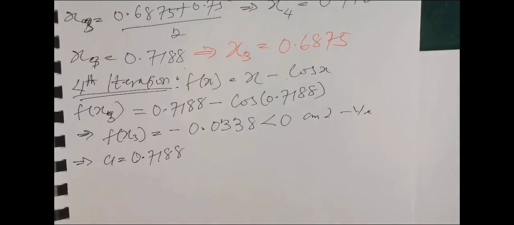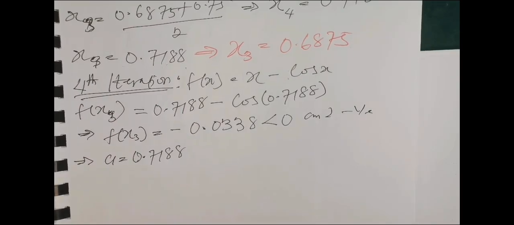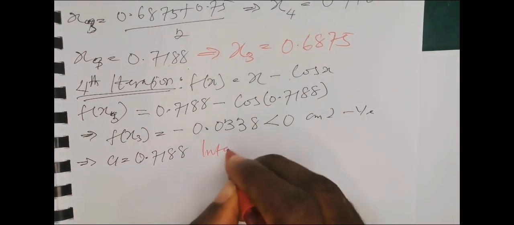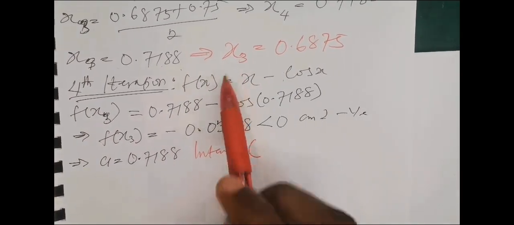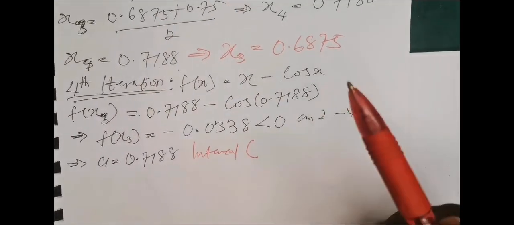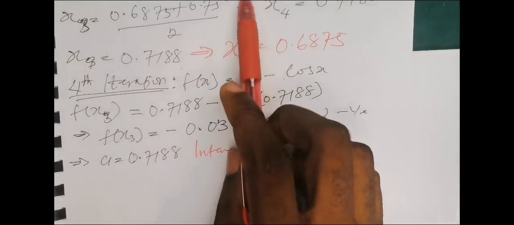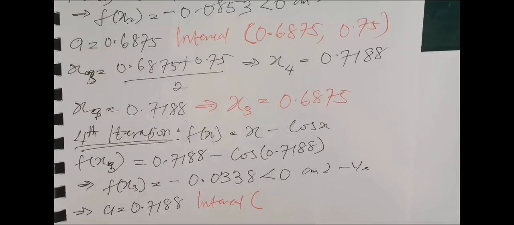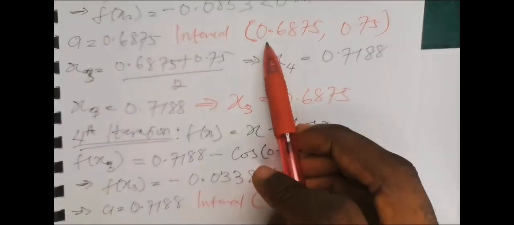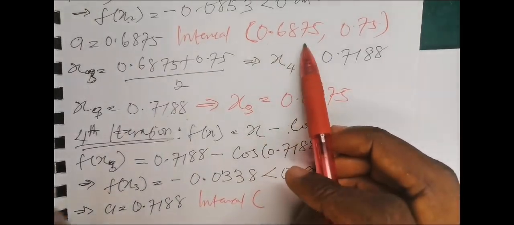Now that means we are going to be forming a new interval. In place of a from the previous interval, let's pull it down with it. From the previous interval we had a to be 0.6875.